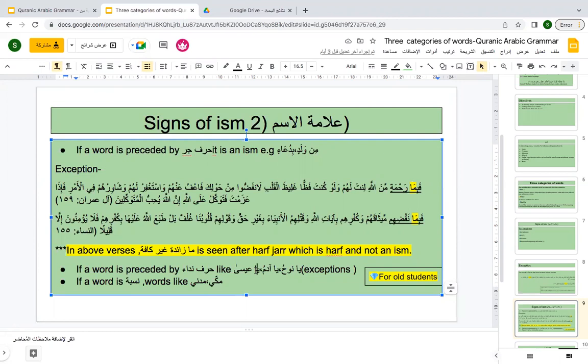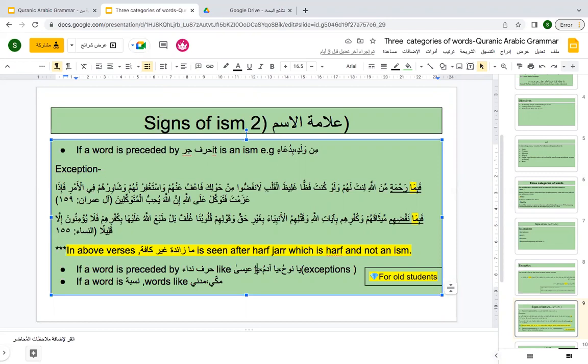If your word is preceded by ya, the chances are your word is going to be an ism. The words that denote a relationship, like Makki, Madini, those words are also words that belong to the category of ism. I hope this is clear.